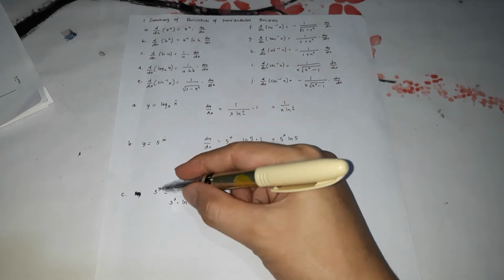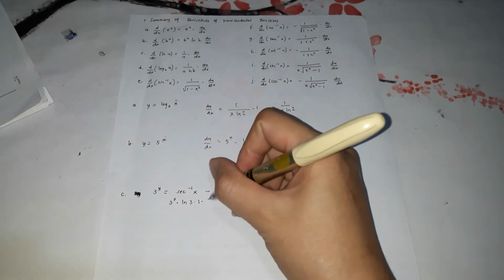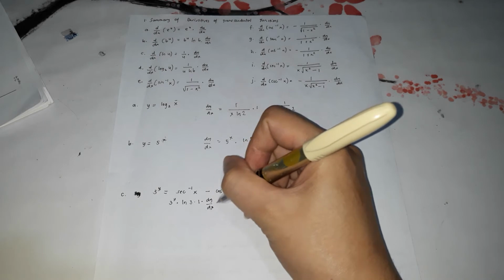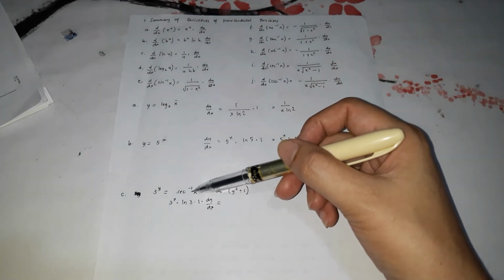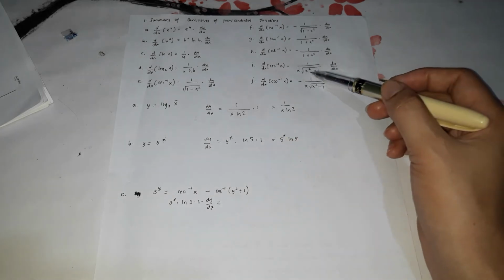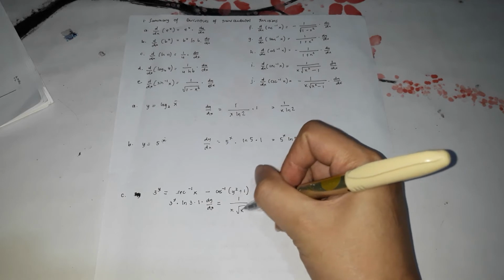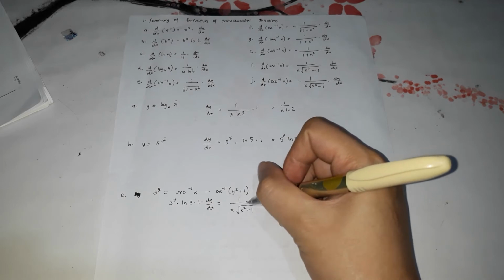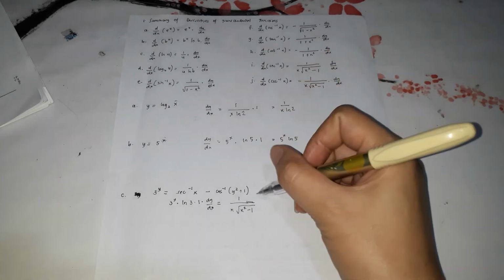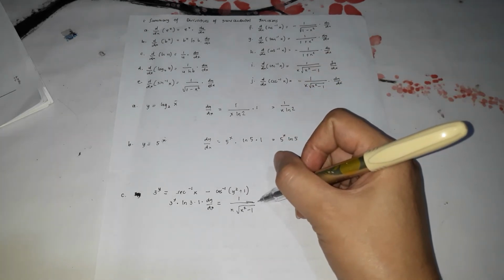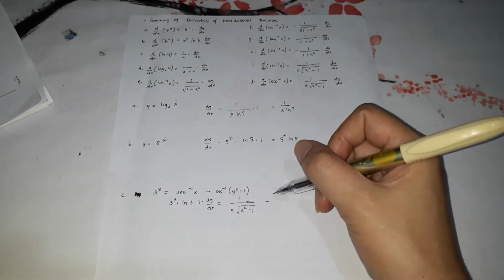Because we are differentiating y, and y is a variable, we put dy over dx. This is implicit differentiation. Next, the derivative of secant to the negative 1 of x is 1 over x squared minus 1 times du over dx. Our u is x, so it's 1, so you may write times 1 or simply not write it.